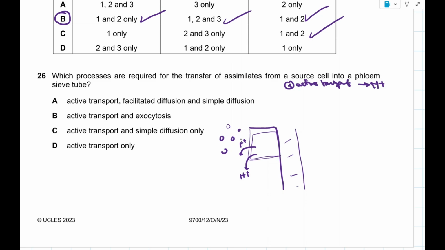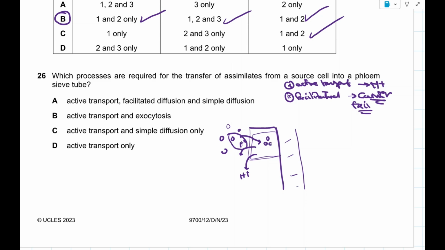Now, the sucrose molecule combines with a hydrogen ion, so not technically combined, they just go back inside the companion cell together along something called a carrier protein by facilitated diffusion.